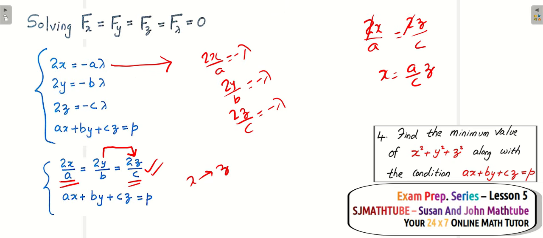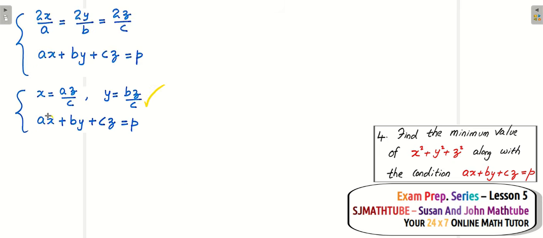And then I will use the second and the last, that means 2y by b equal to 2z by c, and once you simplify this you will get y equal to b by c into z, and I'll plug in these values in the condition. Now instead of x I can use this, and instead of y I can use the second condition.